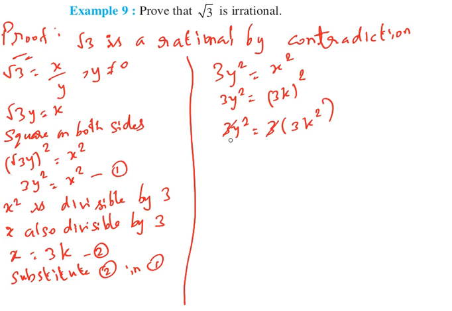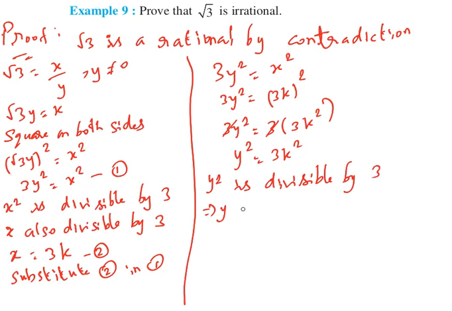This 3 and this 9, the 3 gets cancelled. y square equal to 3k square. So y square can be written as a product of 3. So y is also having a factor 3, so that y square is divisible by 3, which implies that y is also divisible by 3.